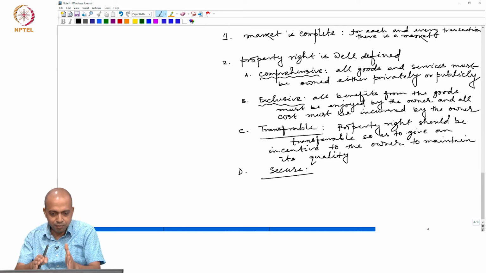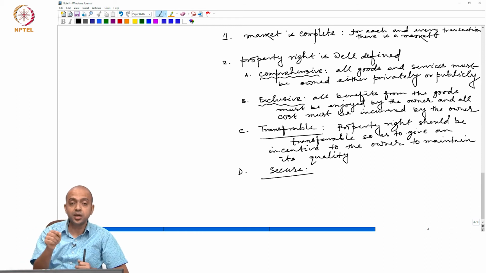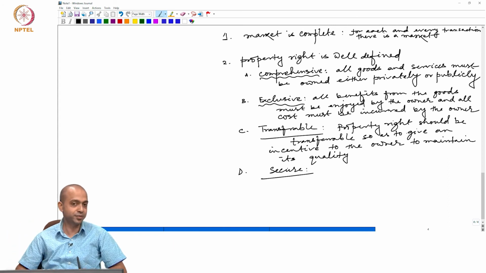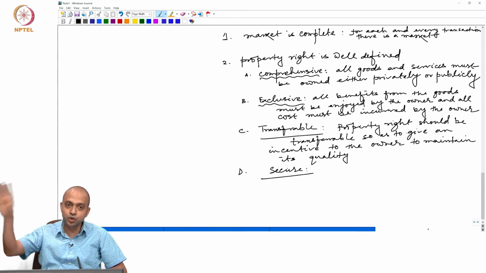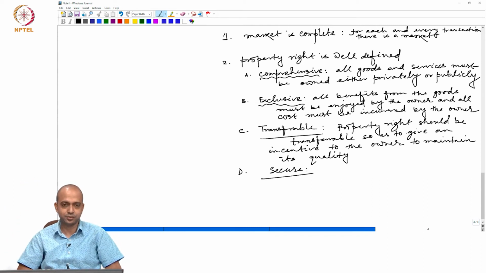If market is complete in presence of well defined property right, then market can ensure efficient allocation of the resources through the price mechanism, and that will ensure the maximum social welfare.